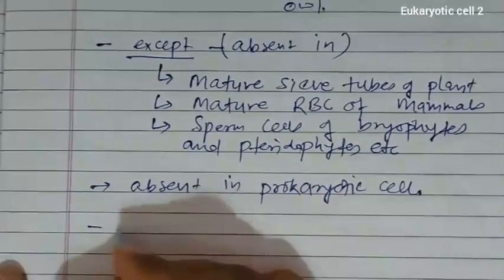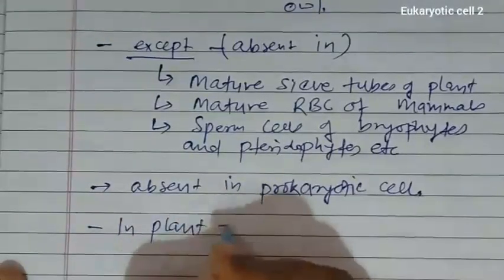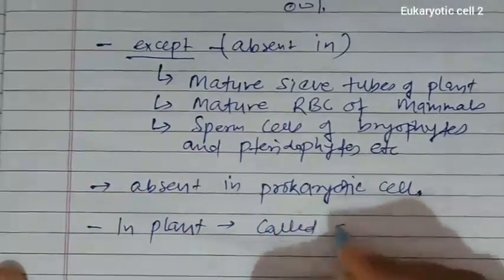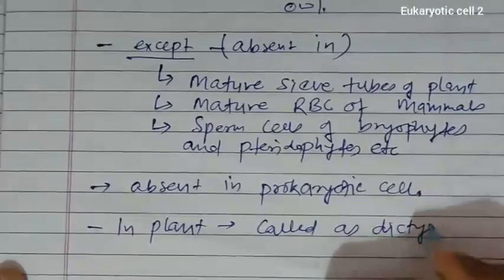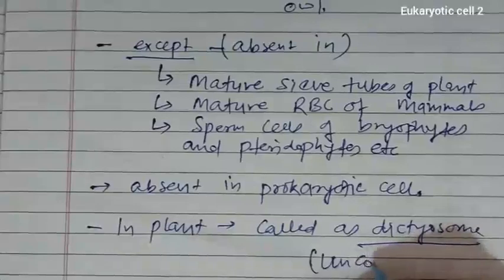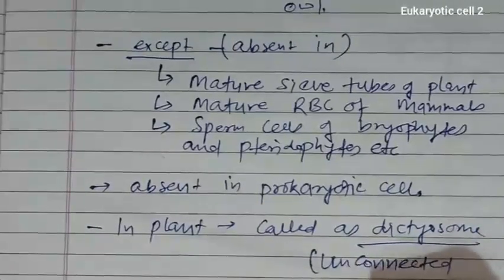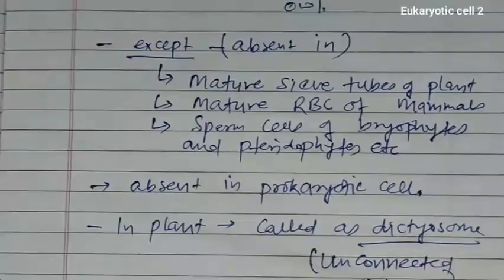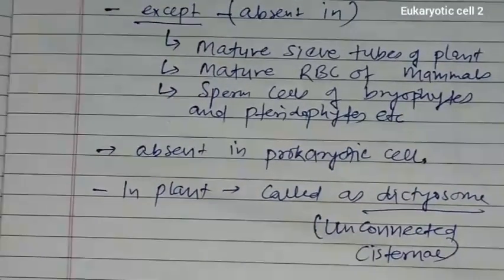Okay, in plant it is called as dictyosome, as it is made up of unconnected cisternae. Next, so these are some of the features with respect to the Golgi body. Next we are going to talk about the ultrastructure.